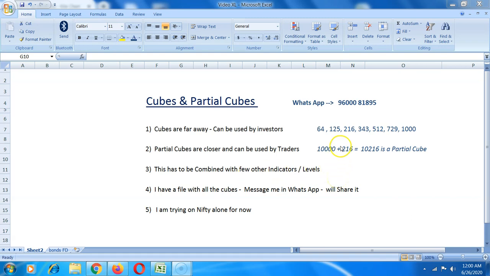For example, on an expiry day I may look at OI buildup at 10,350 C, 10,200 P, and basic support and resistance. Has this level, apart from being a partial cube, acted as a support or resistance in the recent past? If it has, that's an added plus. You have to observe it for a while and then see if it actually adds any value.